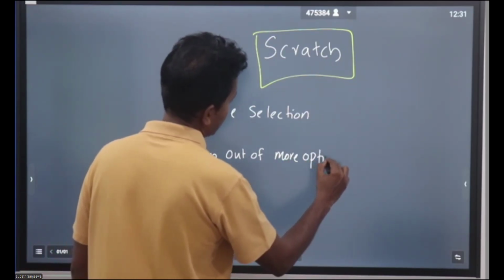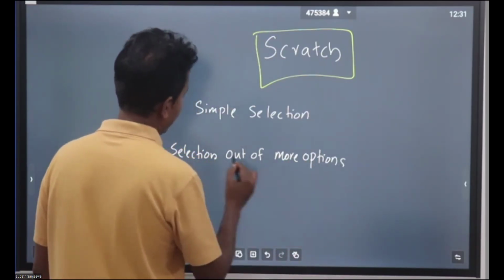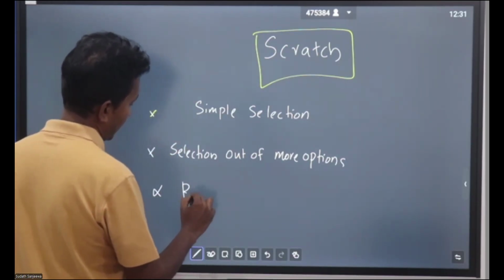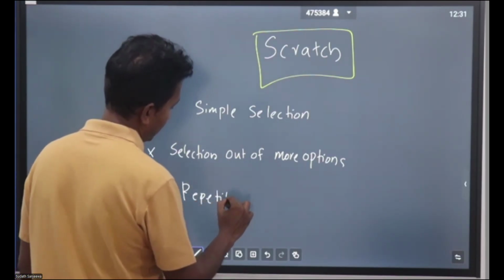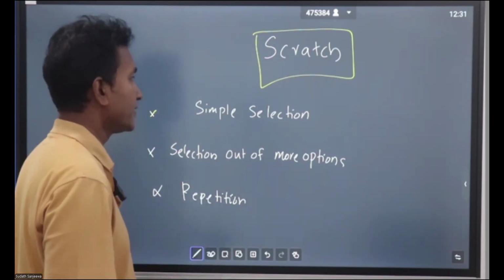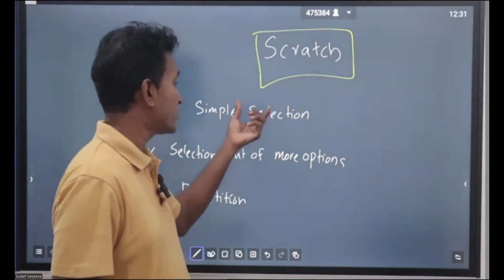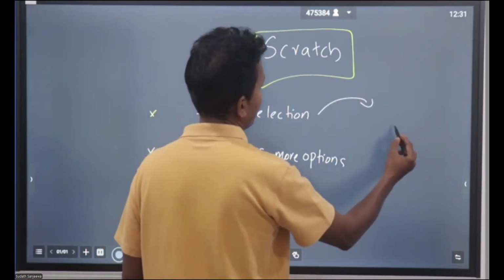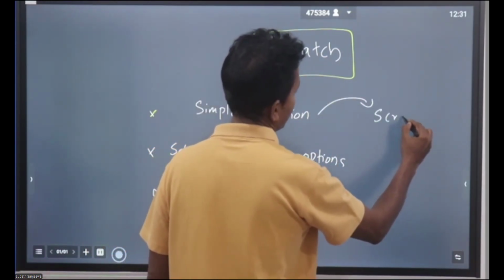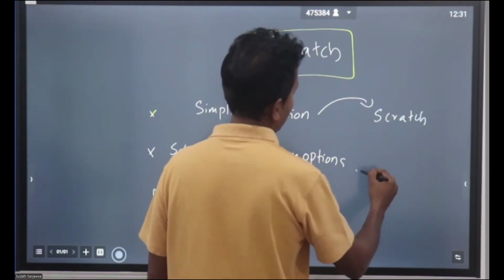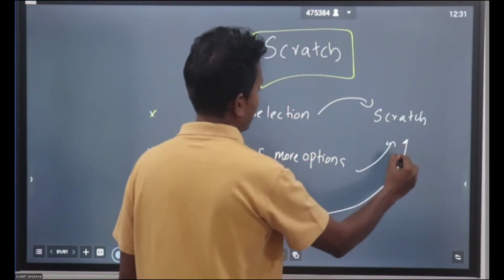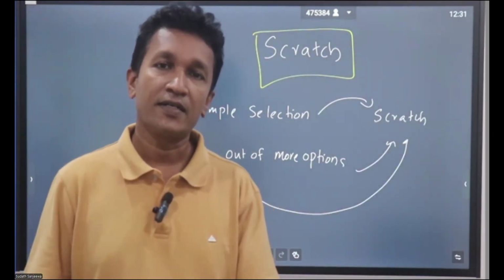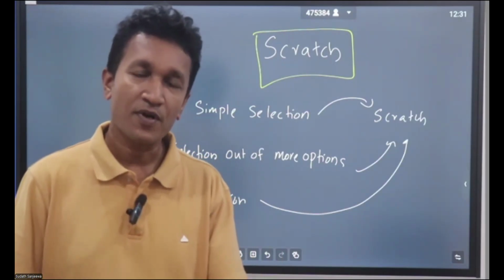If there are more options, how to select, right? And repetition, right? So we will draw these flow charts, right? Then we will do the same one in Scratch. We will draw the flow chart and we will convert the same flow chart into Scratch programming language.